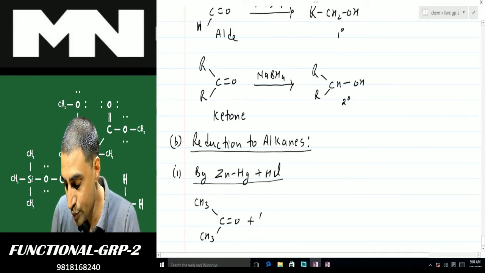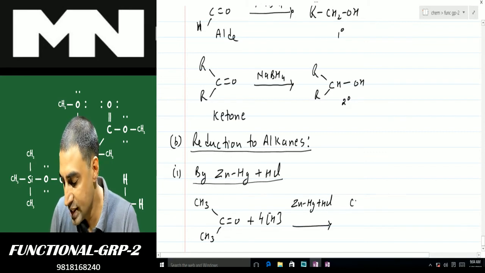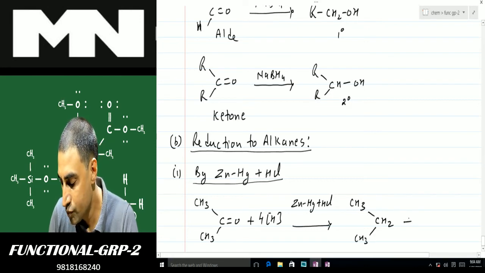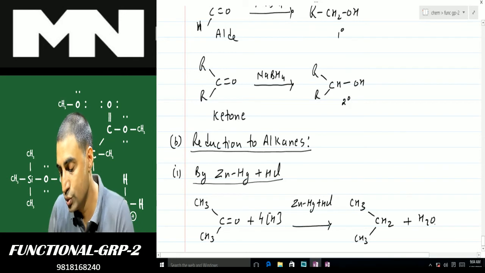From this reaction we'll get 4 nascent hydrogens that have come by the reaction of zinc amalgam and HCl. You will get the compound CH3CH2CH3 along with H2O.